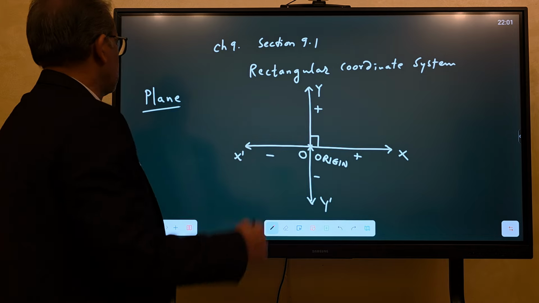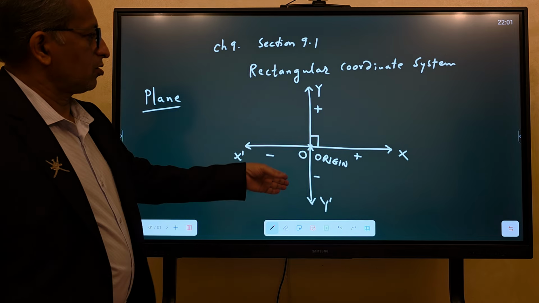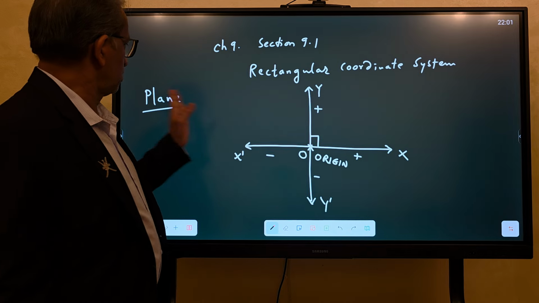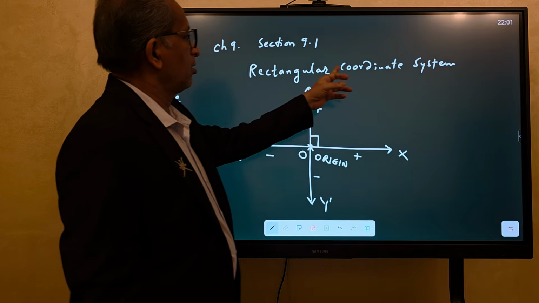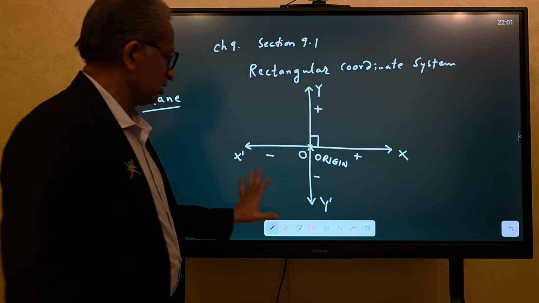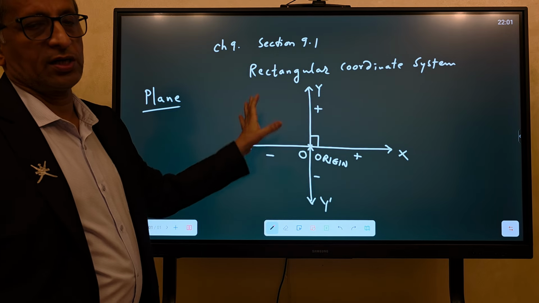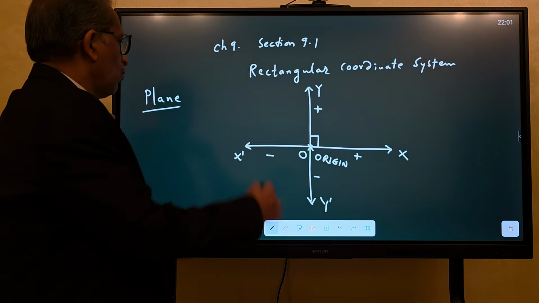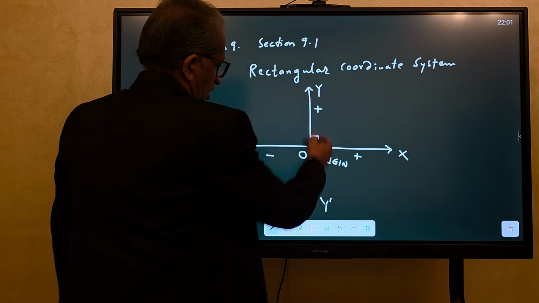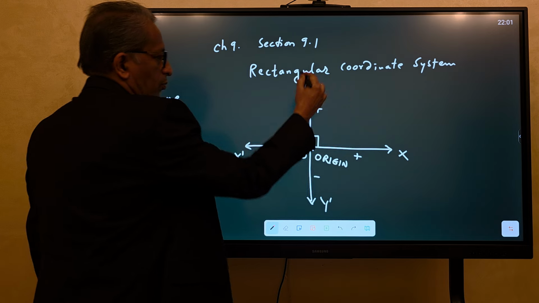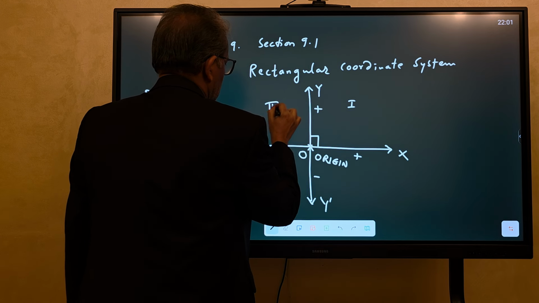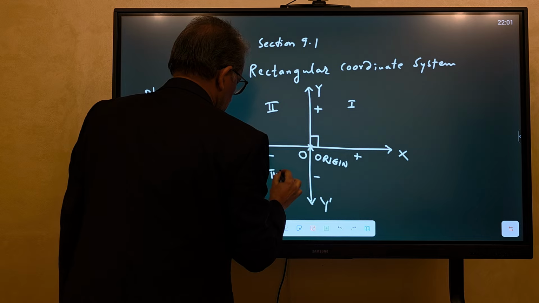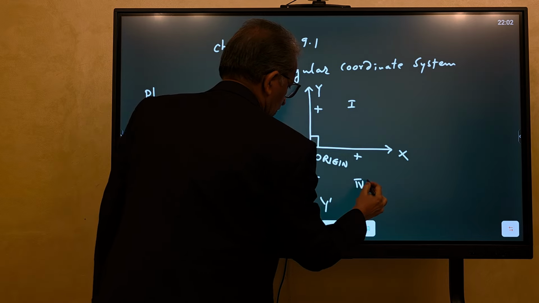So when I draw two lines on the plane, this whole thing is known as the rectangular coordinate system. What it does is, these two lines divide the whole plane into four parts: first, second, third part and fourth part.